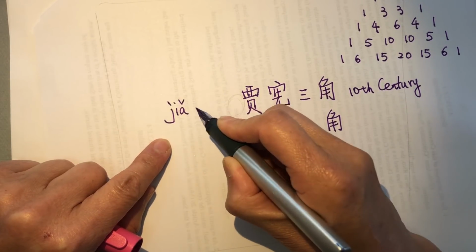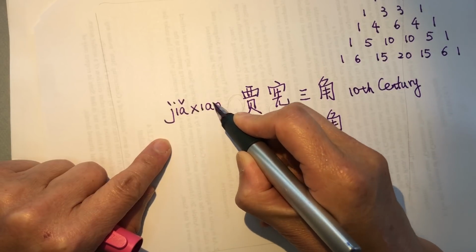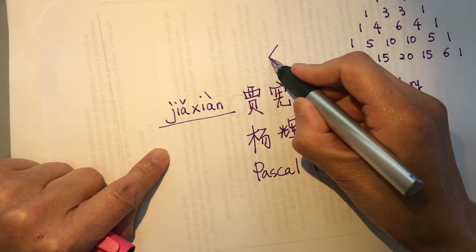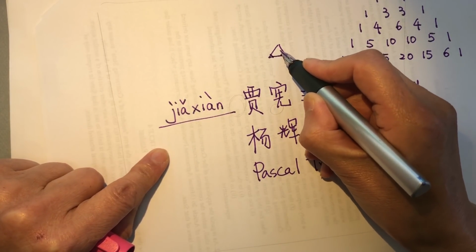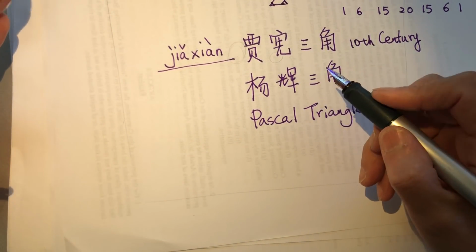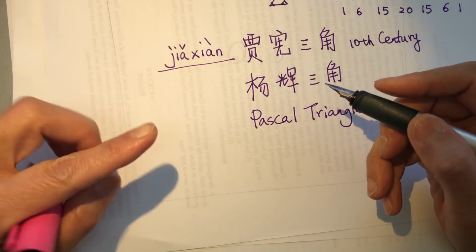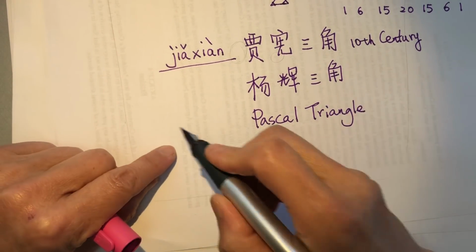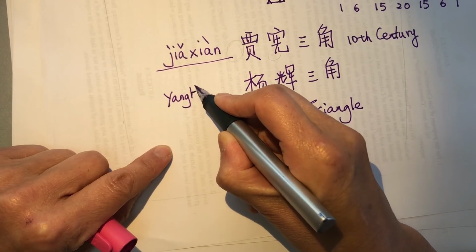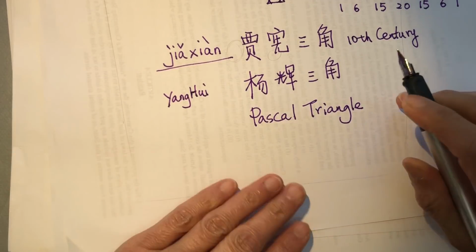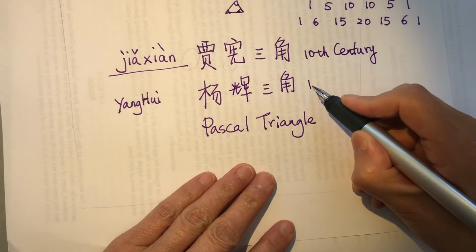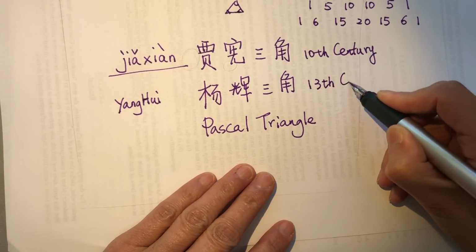甲线三角. 三 is 3, 角 is angle, so three-angle, triangle. Yang Hui, which is the same last name as me, Yang, Yang Hui 三角. Yang Hui was from the Nan Song, South Song dynasty, which is around the 13th century.